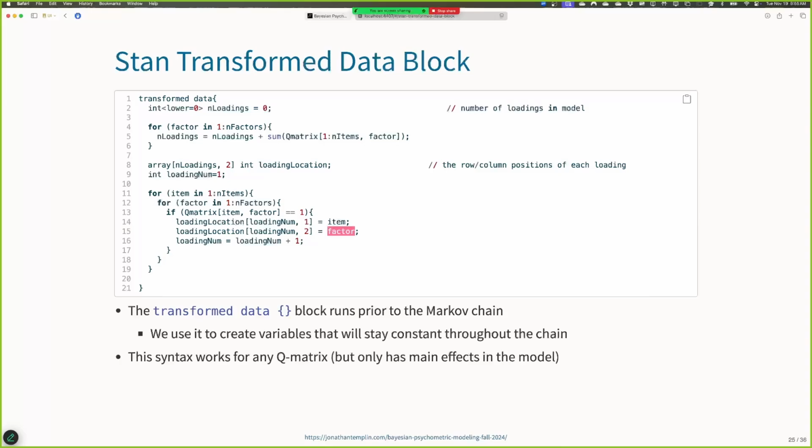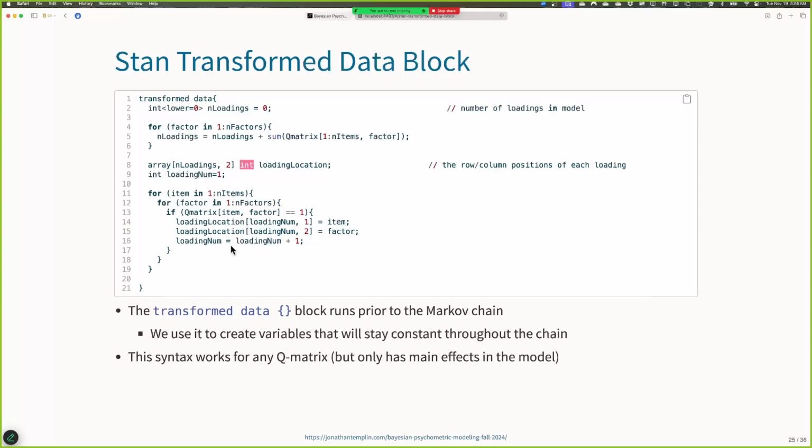Sort of? So loading location is an array of integers, right? That is number of loadings by 2 columns, right? So it's 2 dimensions. It has to be an array because Stan does not allow integers to be matrices. Matrices are floating point numbers. So that's why you see array there.